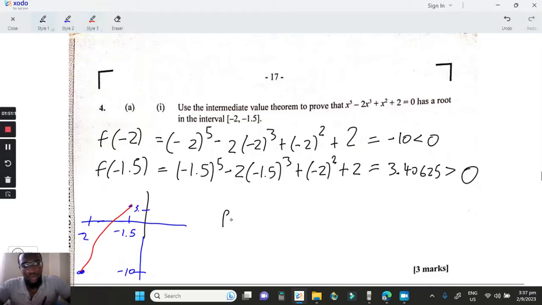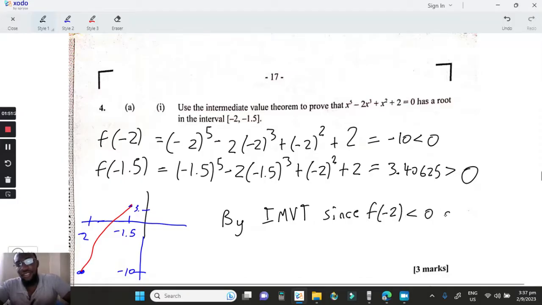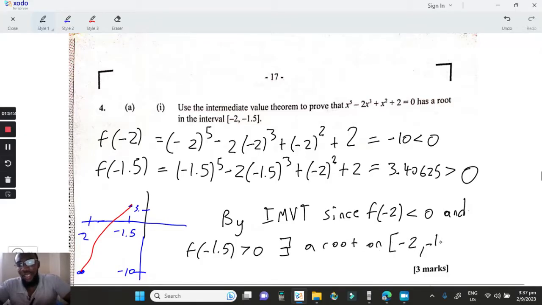So you can tell them by IVT, since f of negative 2 is less than 0 and f of negative 1.5 is greater than 0, there exists a root on the interval negative 2 to negative 1.5. That finishes it.